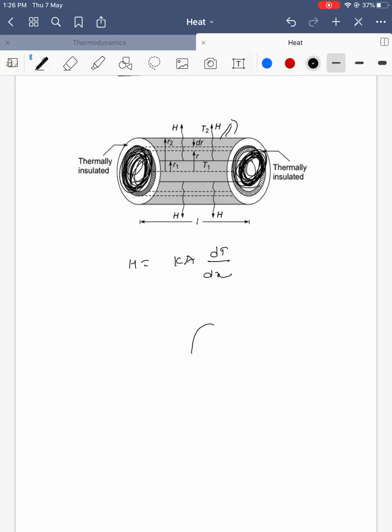If we make a diagram out of it, so radius, I am taking the inside, I'm sorry, I will make it again.